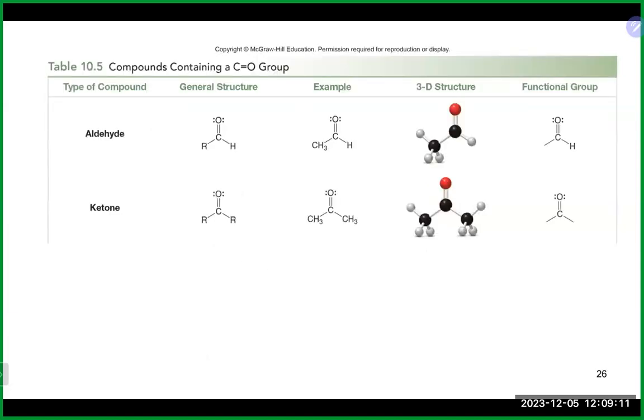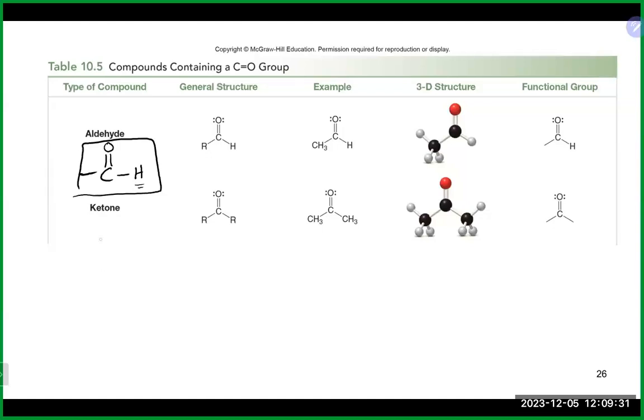Some of these other functional groups actually do have that carbonyl group. So the aldehyde group has the carbonyl carbon and also a hydrogen. And once again, this group, because it has the hydrogen, will always be found there at the end of the molecule. Because of the hydrogen, it can't be inside.